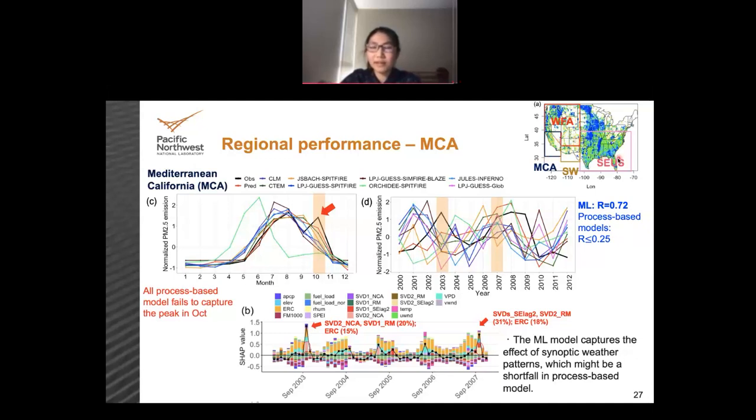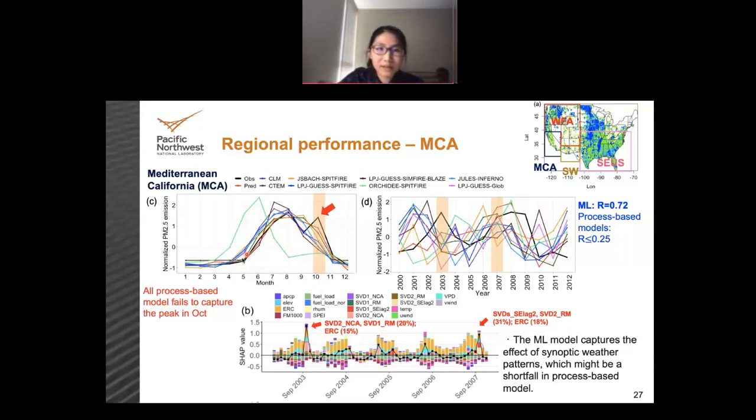Due to the time limit, I will just talk about Mediterranean California and the southwestern US. So for Mediterranean California, for the seasonality, there's a bimodal pattern. Basically the fires peak in both August and October. The black line is observation from GFED.